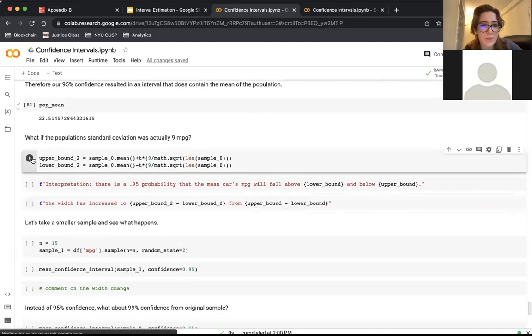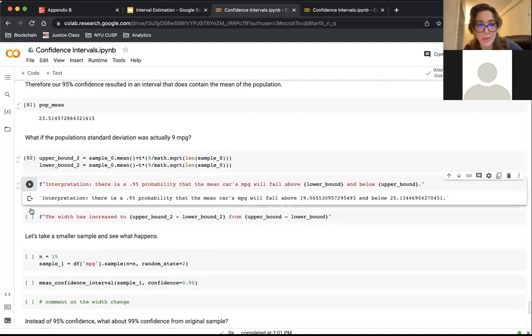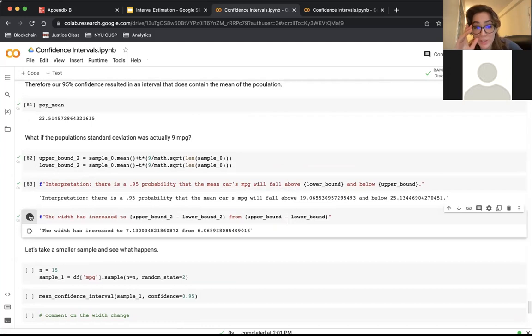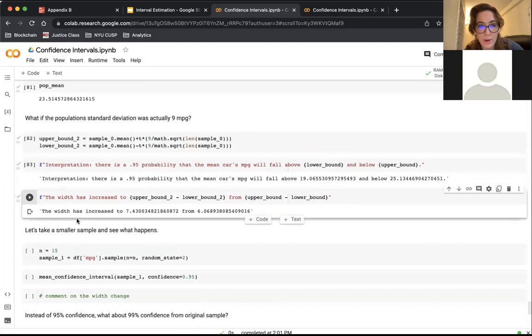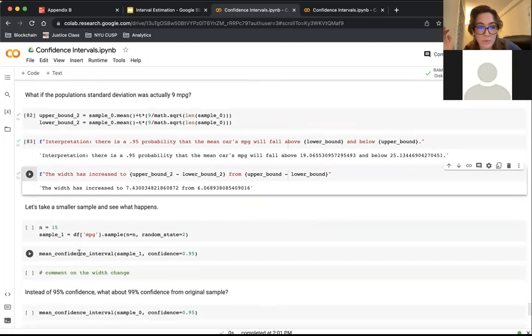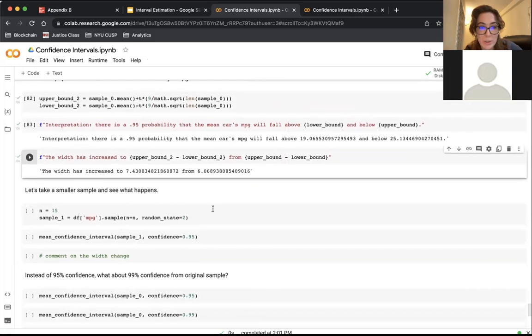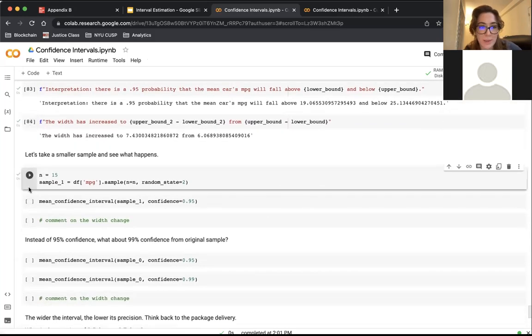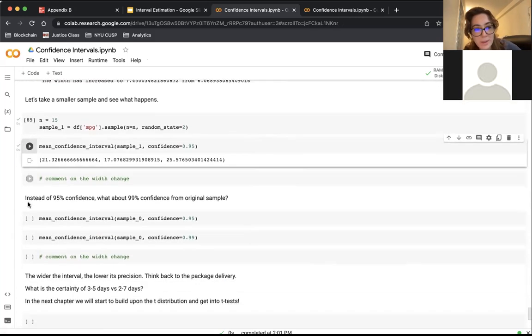I won't talk through this too much, because this is just testing what happens if we change the standard deviations, similar to how we did it when we just had the z-score. It follows the same pattern: when we increase the standard deviation, the width of the confidence interval would increase, similar with taking a smaller sample.